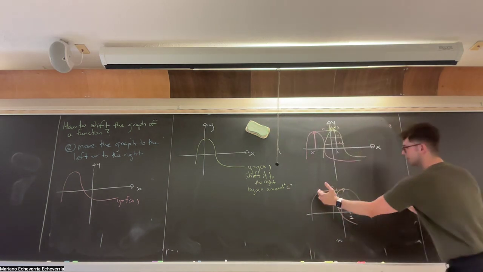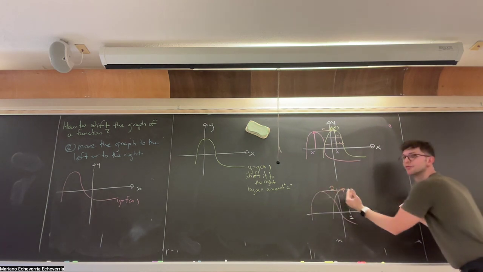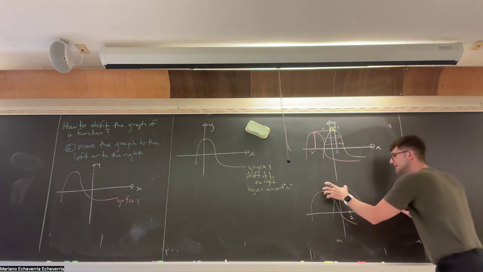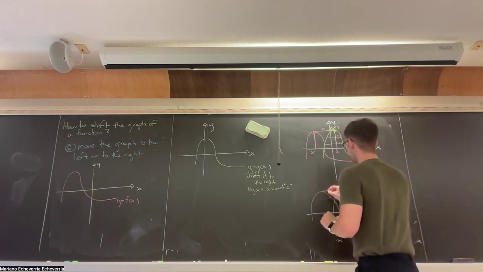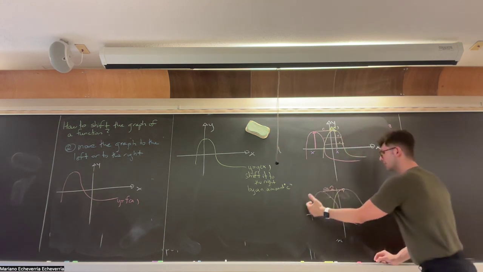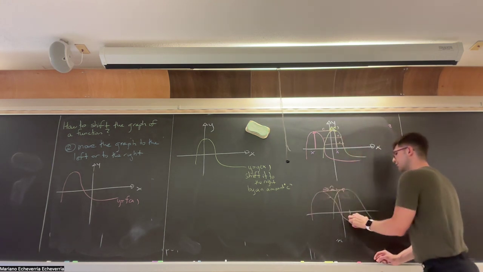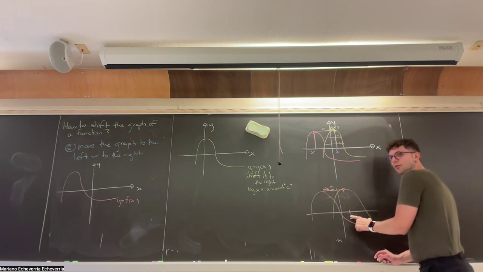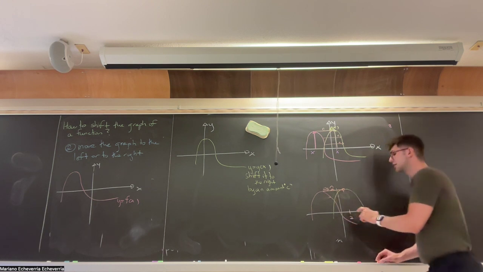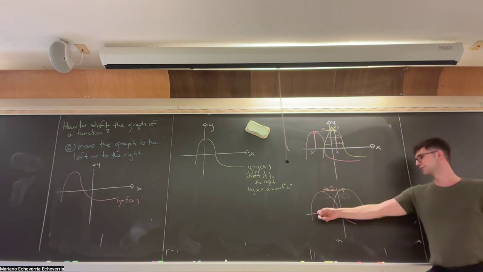So every point here is being moved to the right by an amount of two, so this c is two. If I choose one here, where does it come from? What is the value here that was moved?